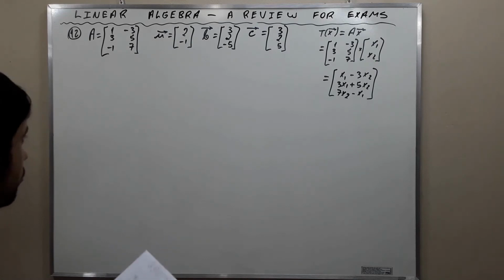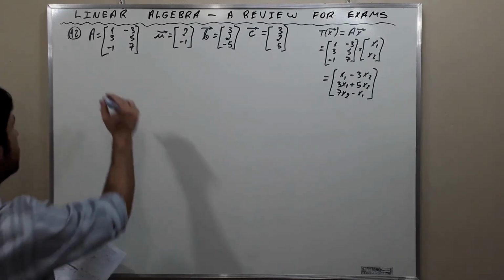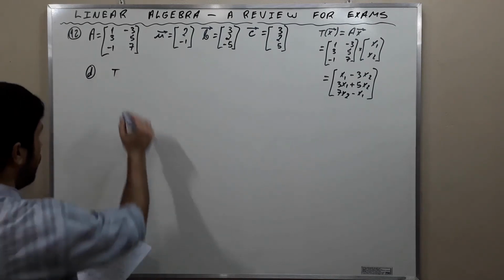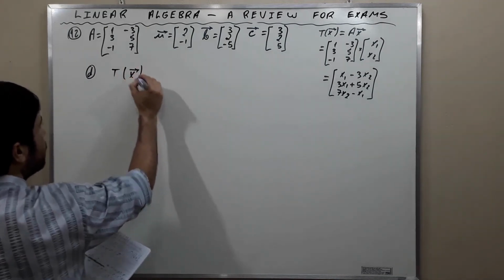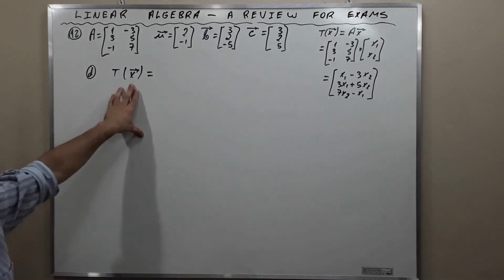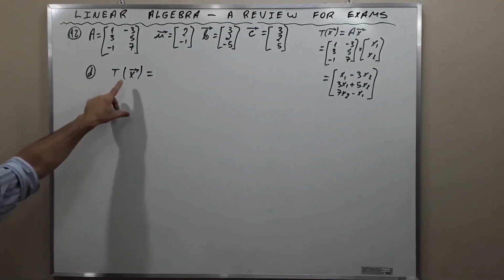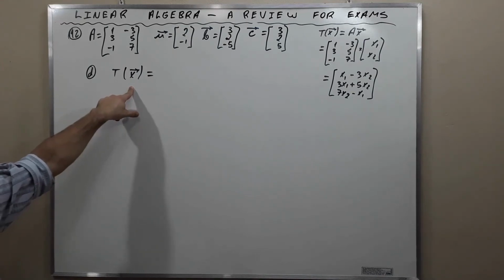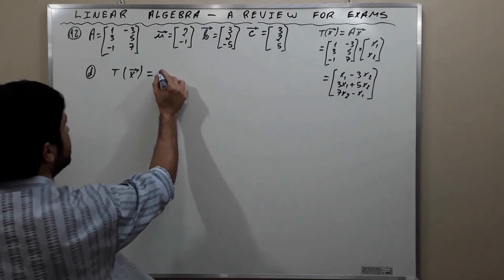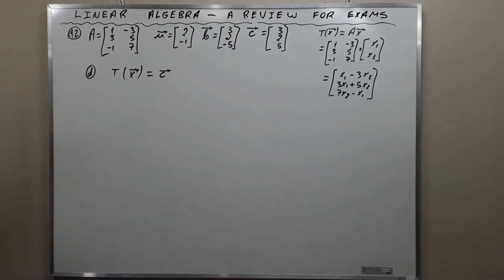And this is what we wish to find for letter D. If there is one vector, we're going to call it vector X. If there is a vector X, if we apply the transformation to vector X and we produce C, then C is in the range of the transformation, okay?